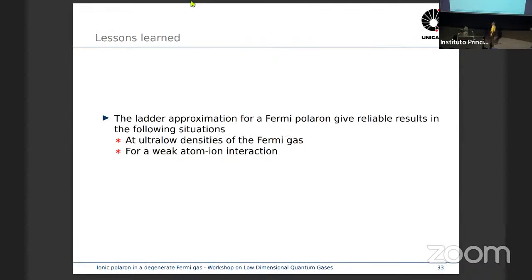Well, the ladder approximation for a Fermi polaron gives reliable results in these two situations: at ultra low densities of the Fermi gas, which means that finally we are neglecting the polarization there because the particles are so far apart that the range of the potential is smaller than the interparticle separation, or when the atom-ion interaction is very weak.